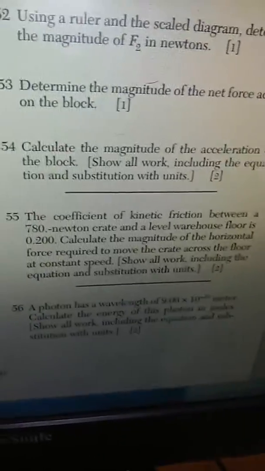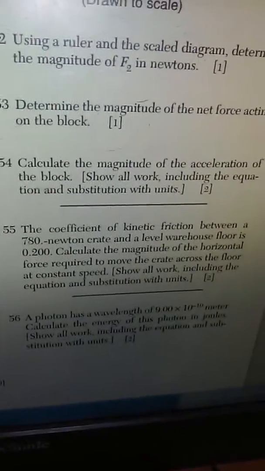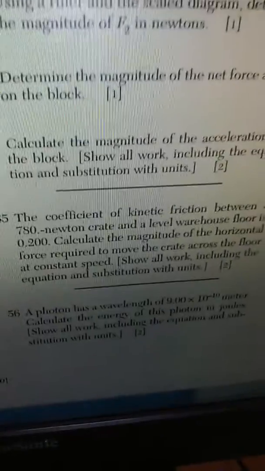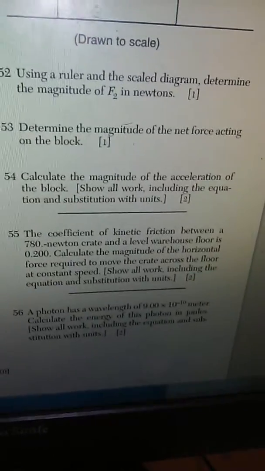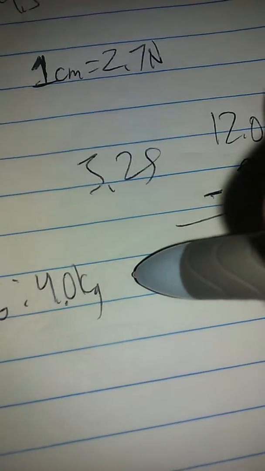Calculate the magnitude of the acceleration of the block. So that would be, let's see, the formula: F equals ma. Now we have to use it. Given the mass was 4.0 kilograms, and the force is 3.2 newtons, we just discovered that.